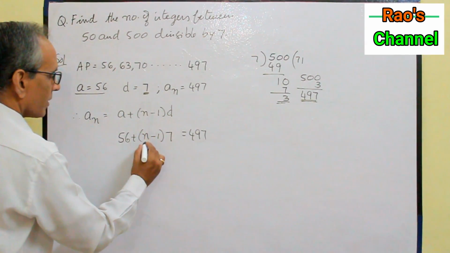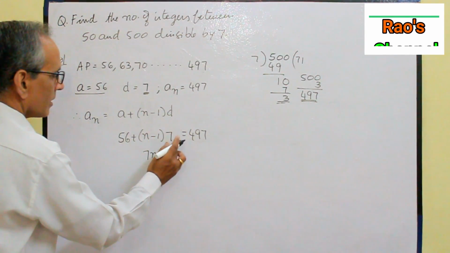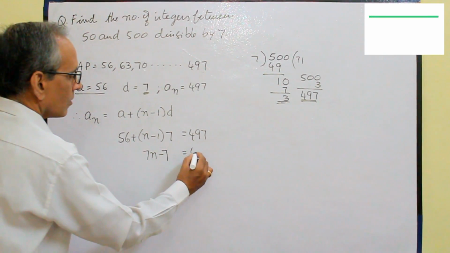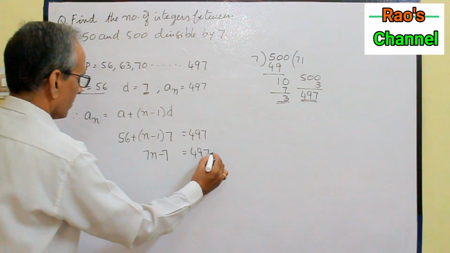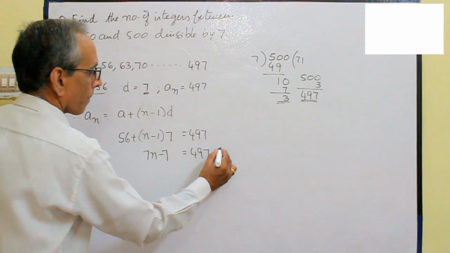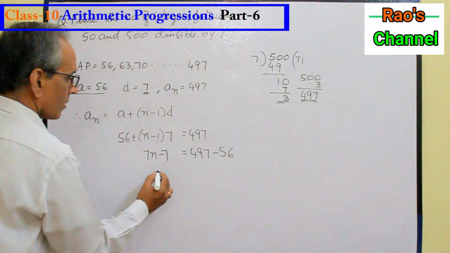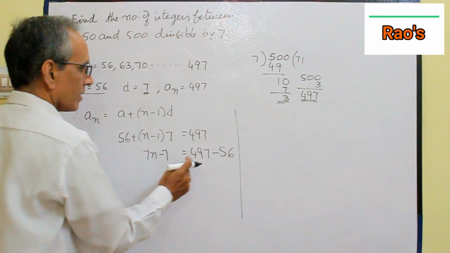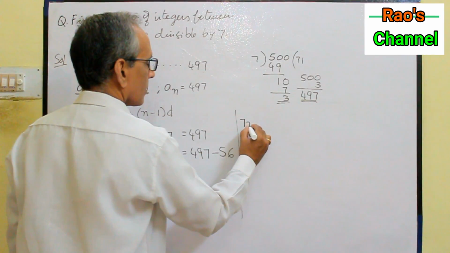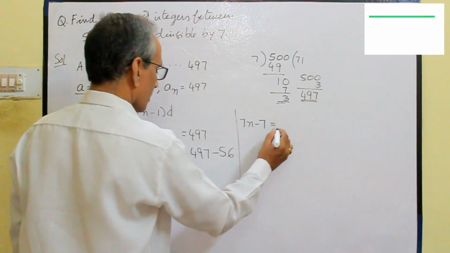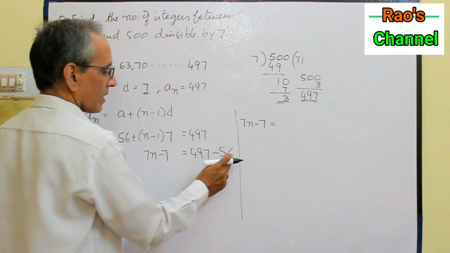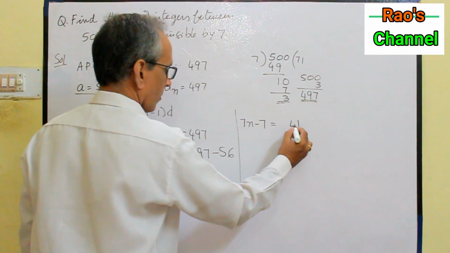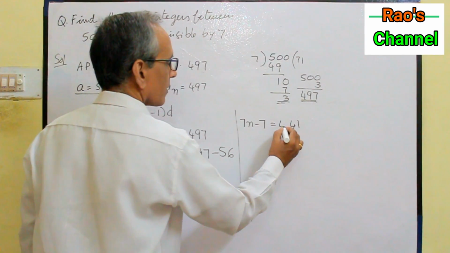So 7 times n, 7n, 7 times minus 1, minus 7 is equal to 497 minus 56. So 7n plus 7 minus 7 is equal to 441.